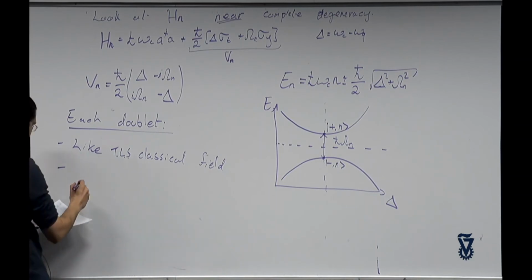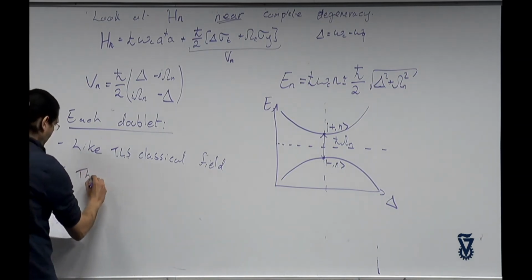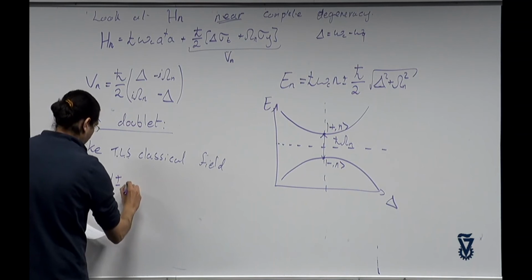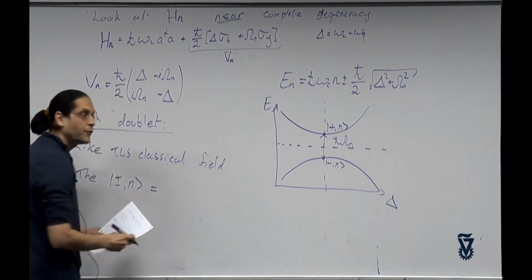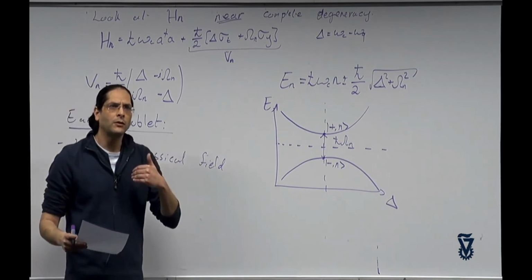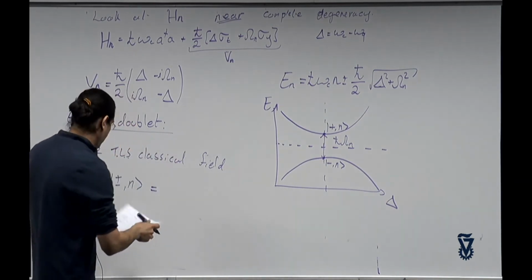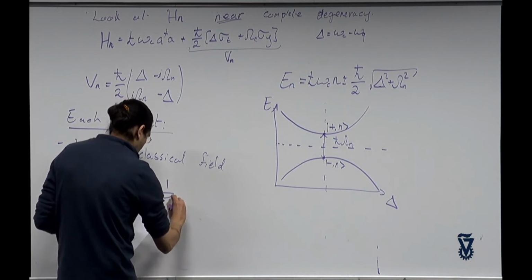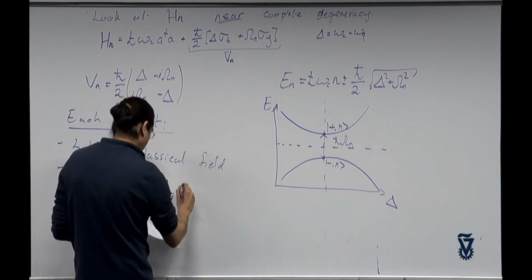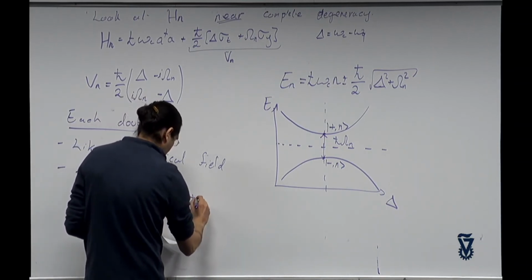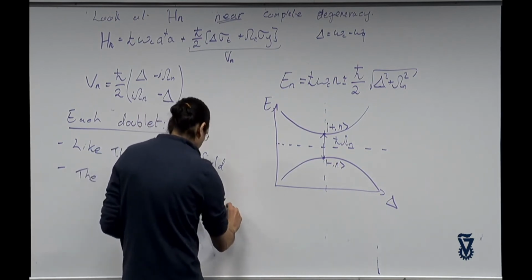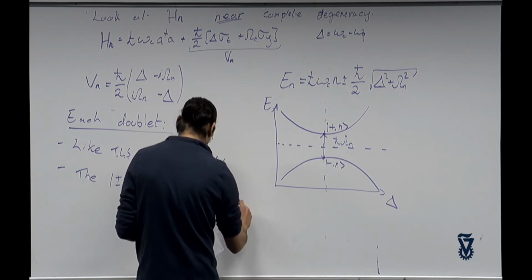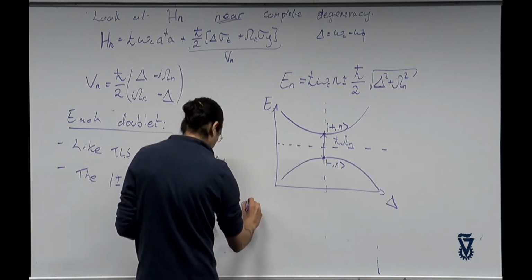And the plus minus n states, if you write them in the original basis, these are just 1 over square root 2 times n plus 1 g plus minus n e.